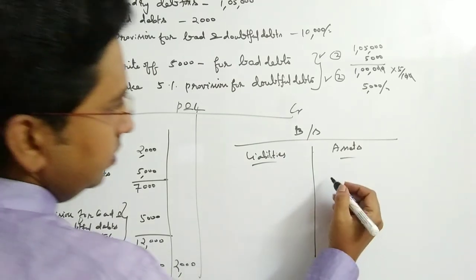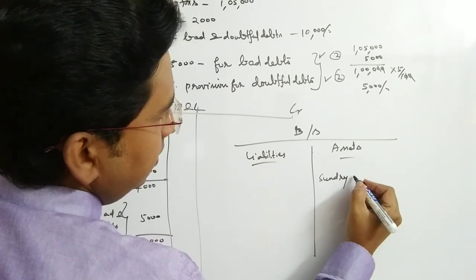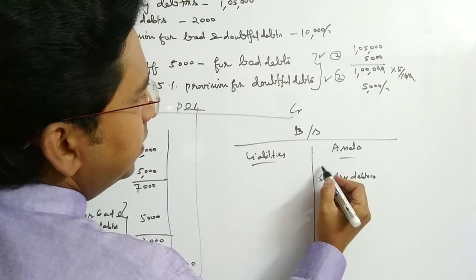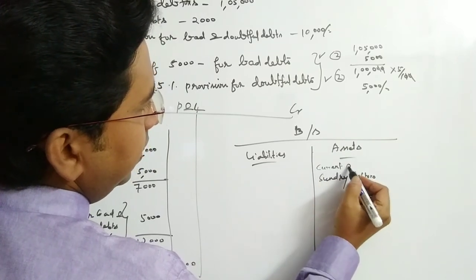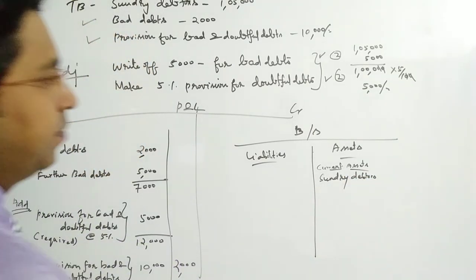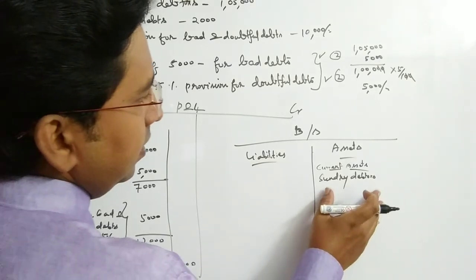So just put the sundry debtors in the inner column. It should be written under the subcategory of current assets. Just keep in mind, because it is not a fixed asset, it's a current asset. Because it is converted within a year, it comes under the current assets.